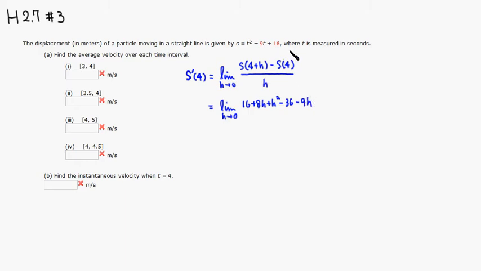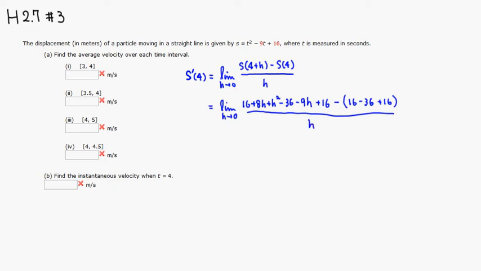Then you have plus 16. Then you have to subtract s of 4, so 4 squared would be 16, and 9 times 4 is negative 36, and plus 16. Then all over h.